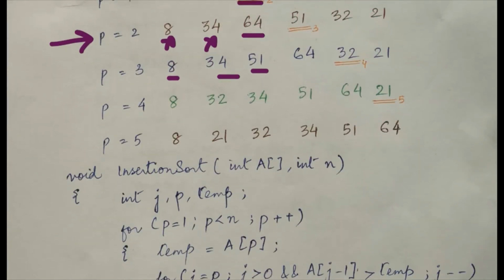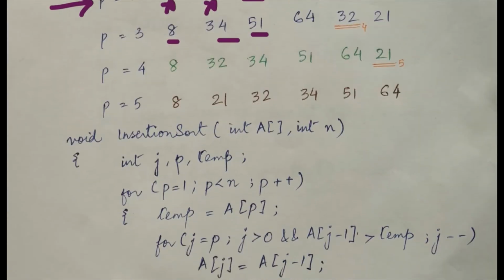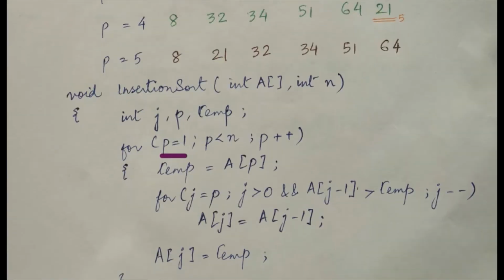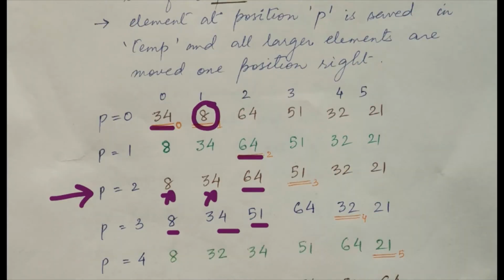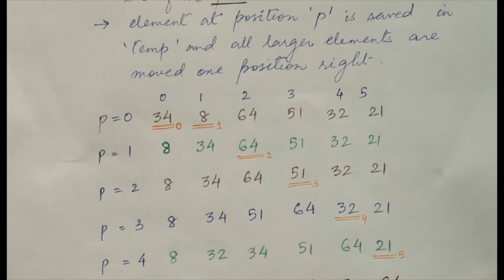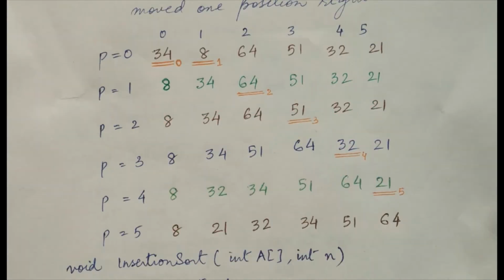And how do we do it in programming? We start with p equal to 1 to n. Consider the element we are taking: when pass is 1, 34 is already sorted, so pass 0 does not matter, so we are taking 8.